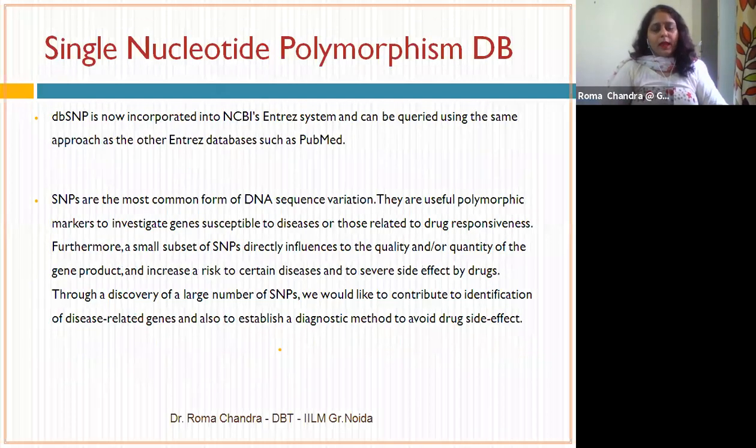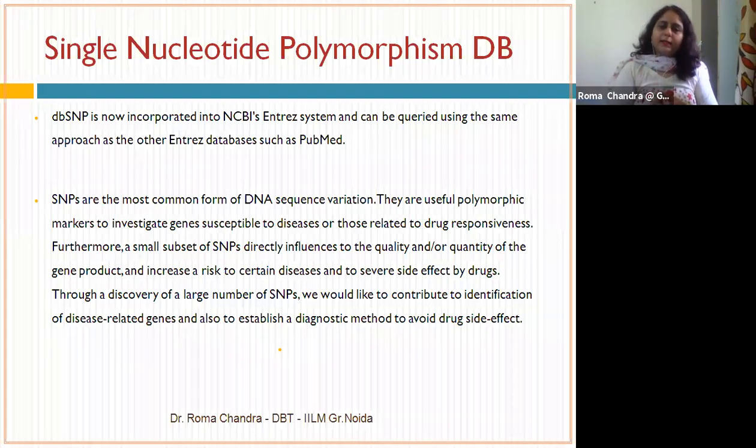Okay, so here again we have these single nucleotide polymorphism databases. Okay, so you all must be aware what a single nucleotide polymorphism is, and how we need to deal with these SNPs. Okay, so the most common form of variation in DNA sequences is actually SNPs. So when we talk about different disorders, diseases, and the mutational changes, then we need to understand that we need to deal with these single nucleotide polymorphisms, and for these we can be introduced to our database dealing with SNPs.